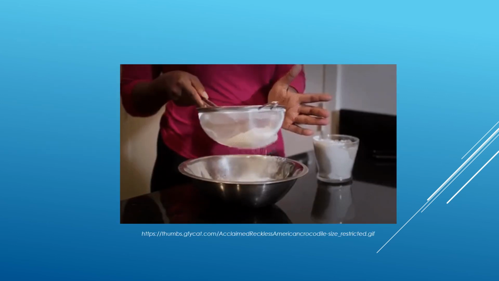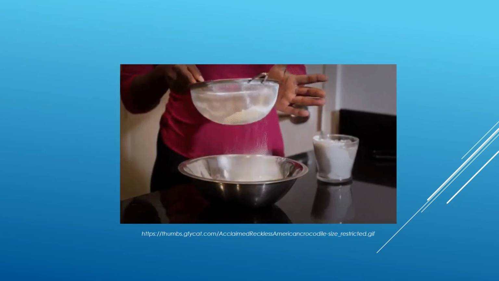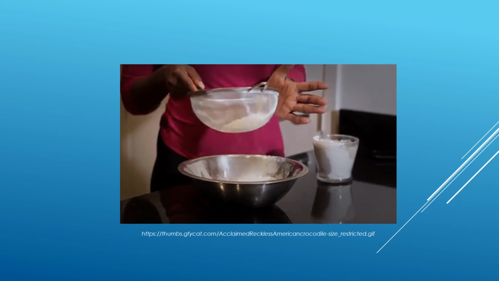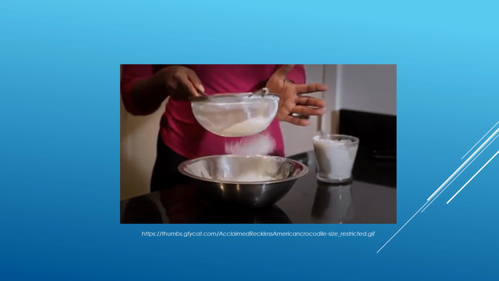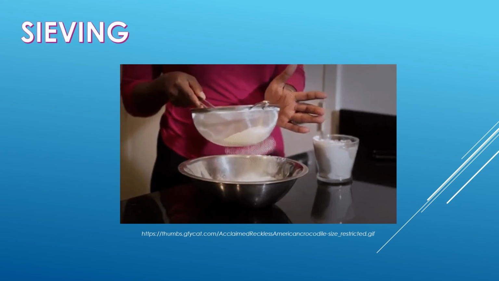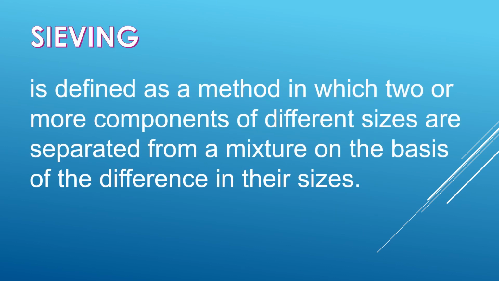Last, what can you say about this GIF image? That's great. The girl is sifting, or simply sieving. Sieving is defined as a method in which two or more components of different sizes are separated from a mixture on the basis of the difference in their sizes.